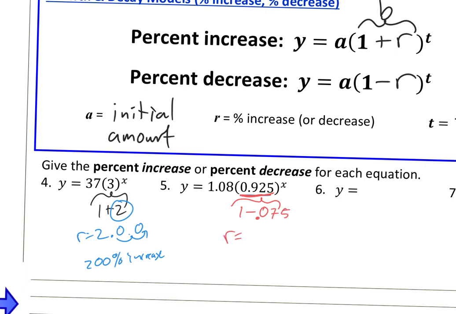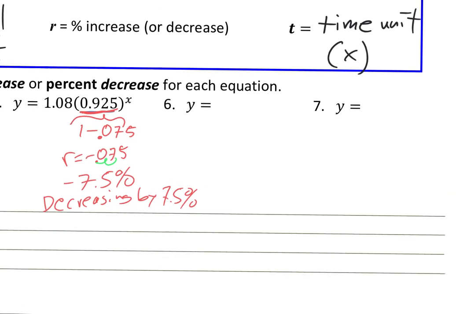So your r is negative 0.075, which as a percentage, we could say negative 7.5%, because if I move that over 2 spots, I'd be at 7.5. So that one is decreasing, negative 7.5%. So you could also say it's decreasing by 7.5%.